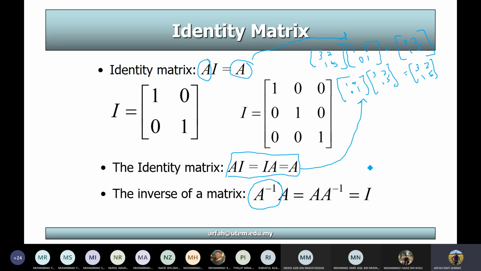Okay, wah ada orang call lagi. Sekejap. Hello? Ya. Saya staff dekat Fakulti Kejuruteraan Elektrik. Tinggal dekat mana? Cakap kat dia, Arfa Ahmad FKE dalam pukul 5 lebih akan ambil.